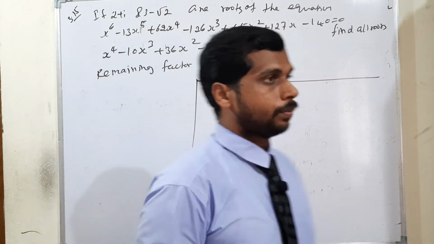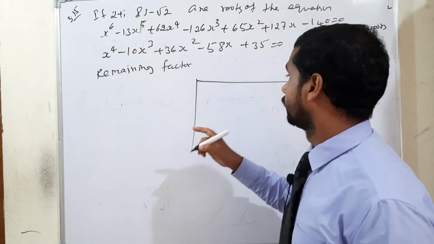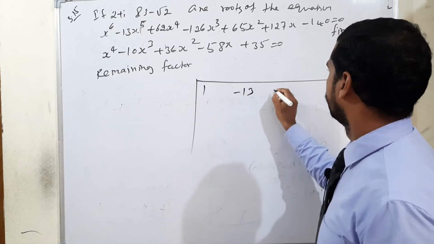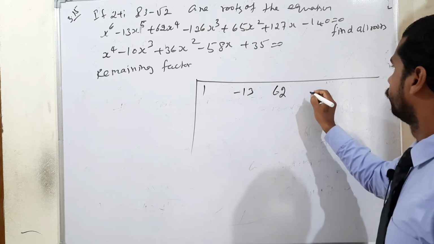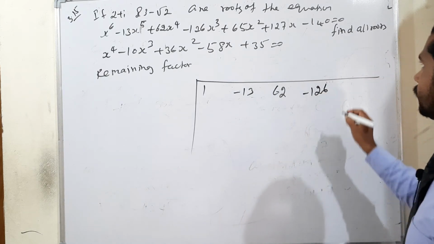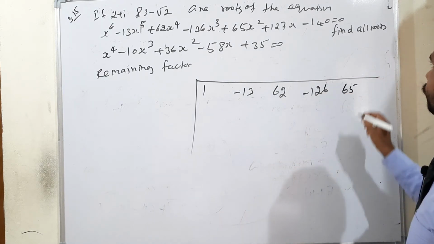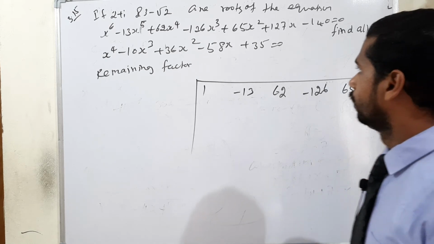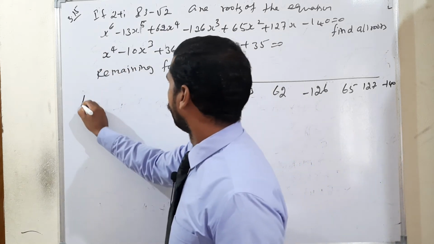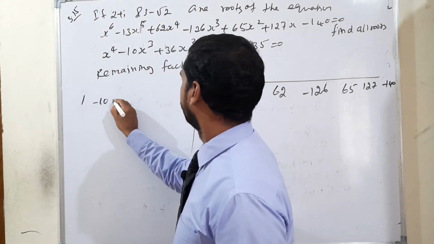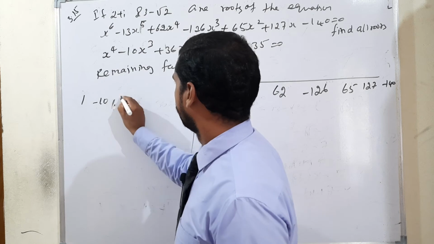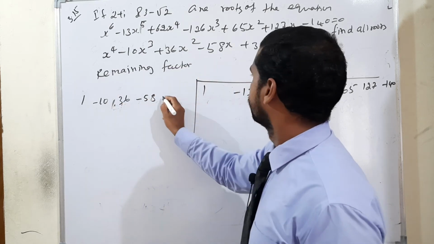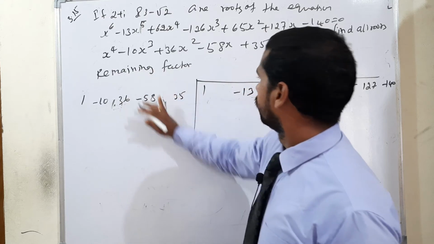The given values, first one x to the power 6 from the question: 1, minus 13, positive 62, negative 126, then positive 65, 127, negative 140. So find out the values: 1, minus 10, 36, minus 58, plus 35, isn't it?